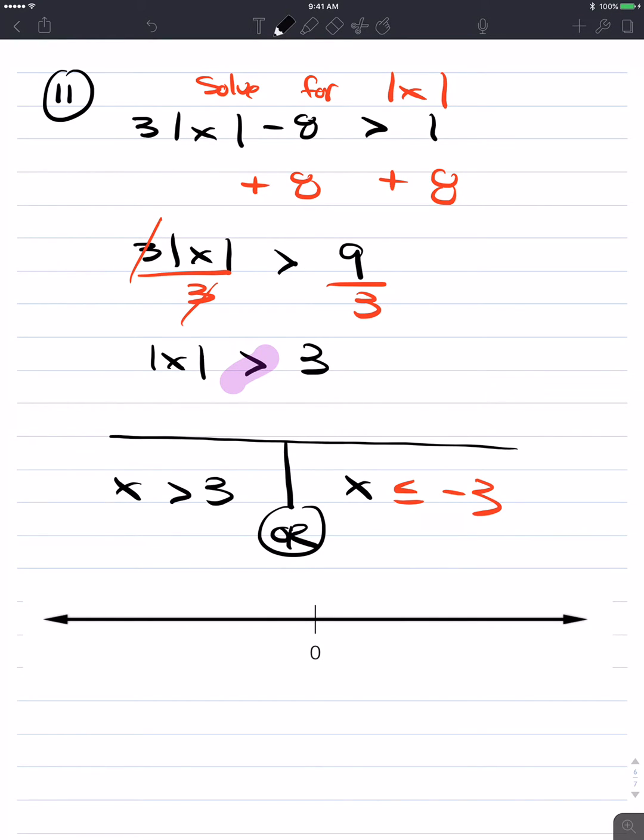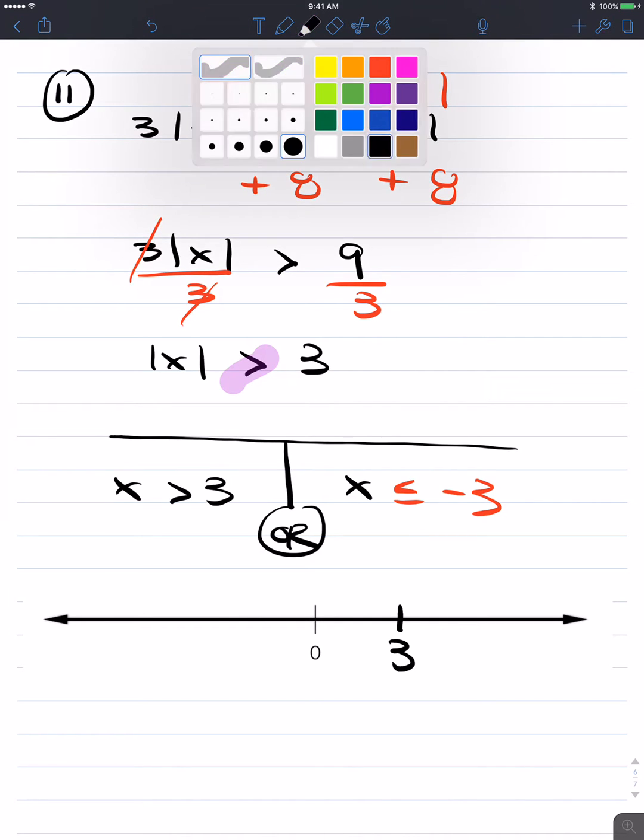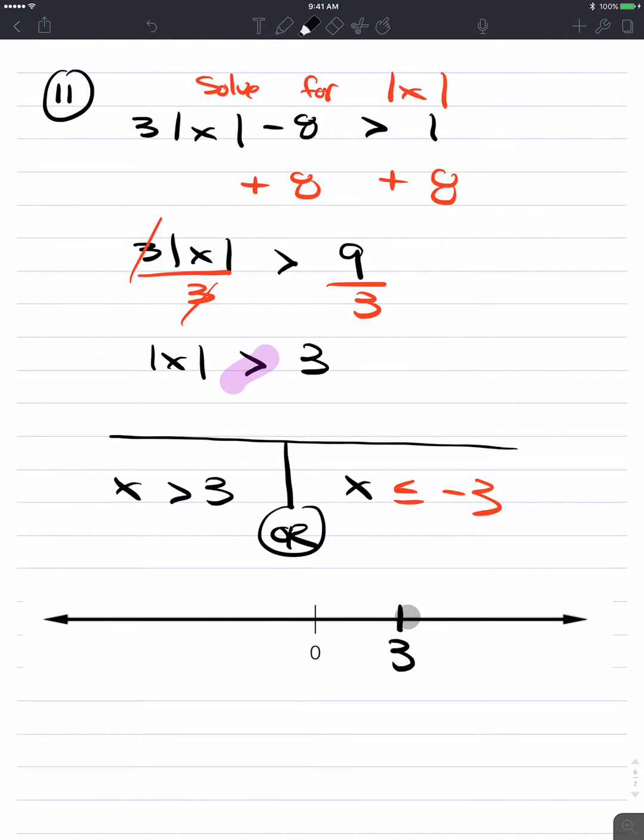The first inequality is describing numbers that are greater than 3 units from the origin. Those are numbers that are to the right of 3. We don't include 3 because it's a strict inequality. We have to put our parentheses.